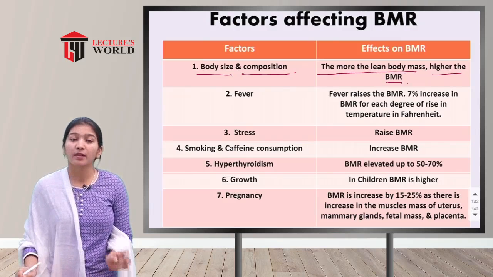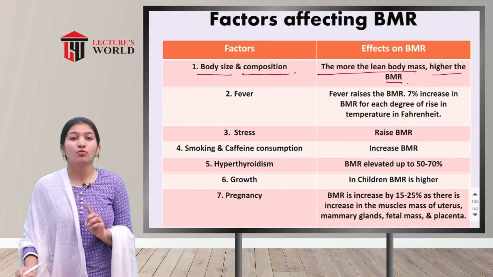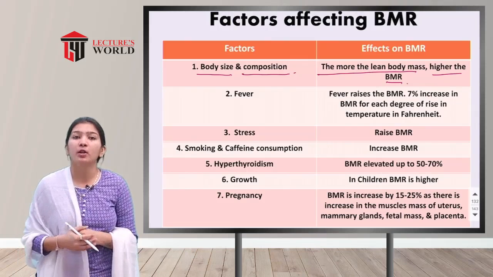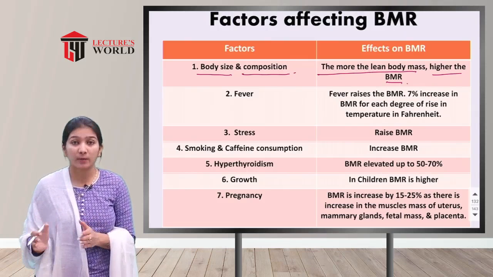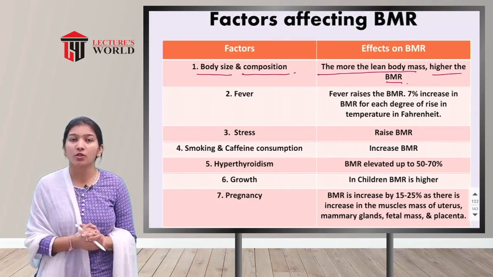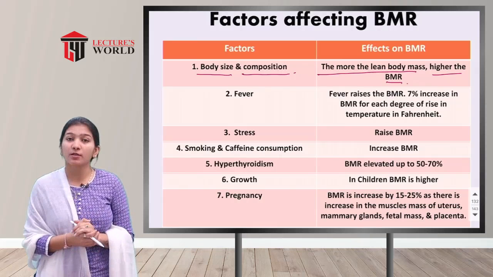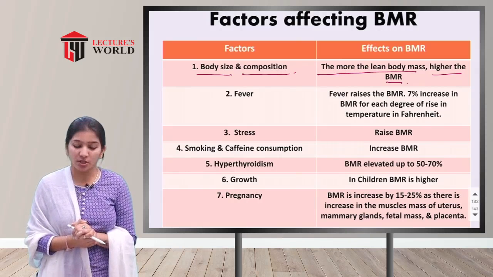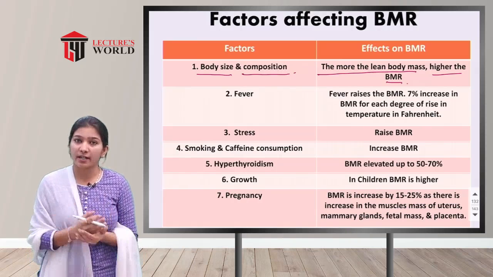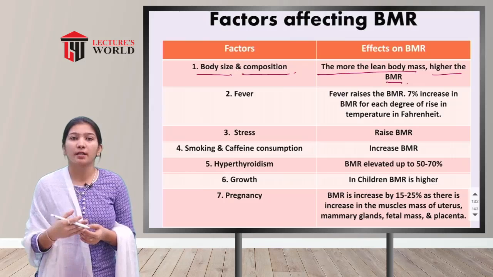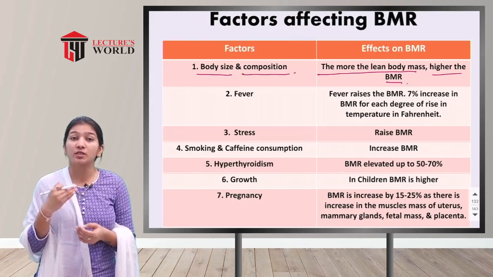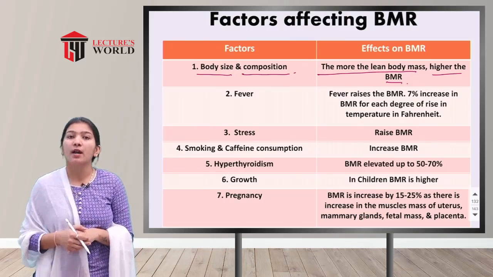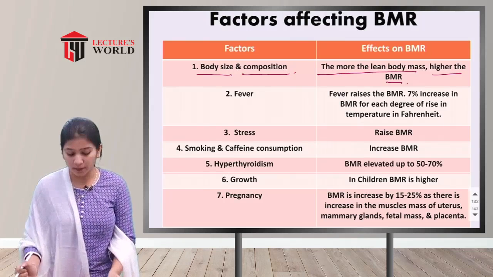Those who are lean and very thin have a higher speed of digestion and metabolism compared to an obese or chubby person. In people with a lean body mass, the basal metabolic rate is very high compared to people with a heavier body.